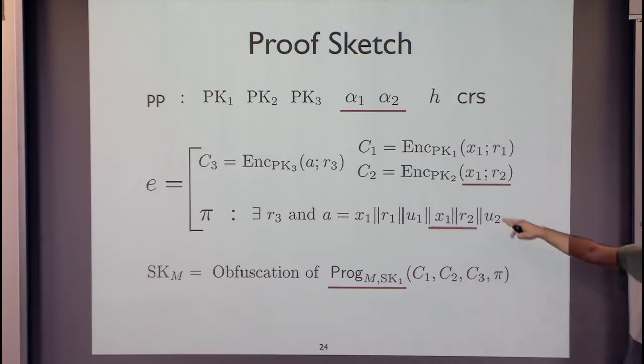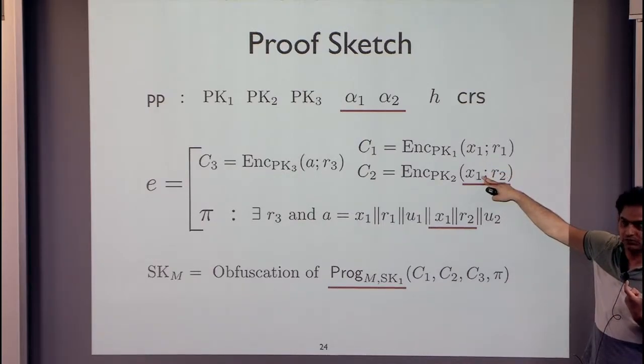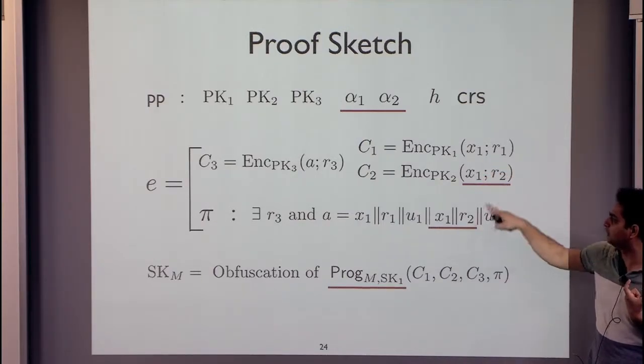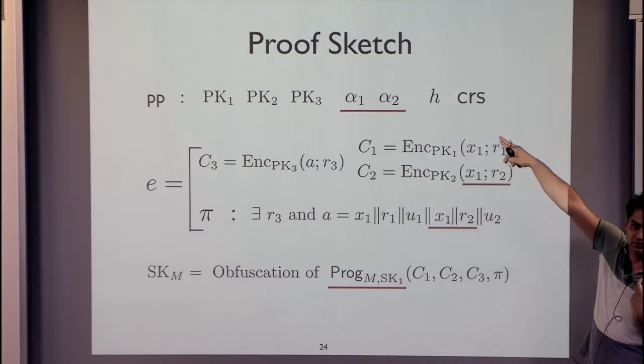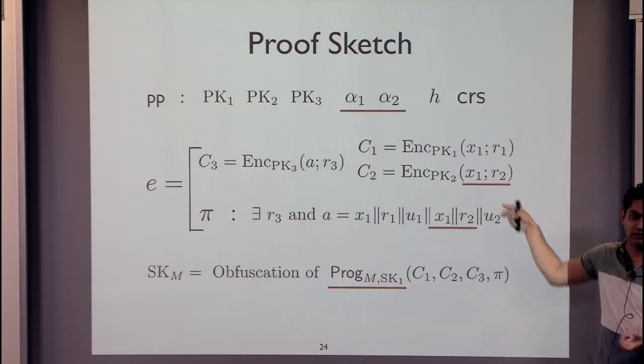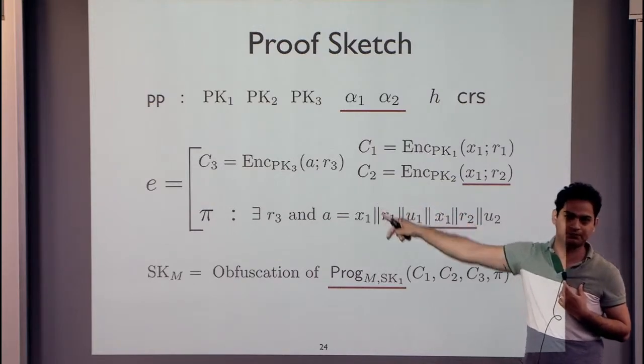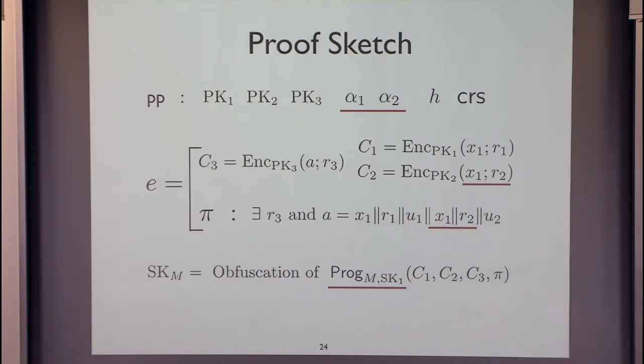So if he did not encrypt either x1 or x2, or any value different from x1 and x2, then it must imply that hash of one of those two strings is committed in alpha 1 or alpha 2. But I already fixed alpha 1 and alpha 2 to hash of x1 and hash of x2. And since one of these two values is at least different from both x1 and x2, I would have found a collision. And I can extract such a collision because I know the secret key for PK3. That was the entire role of PK3.